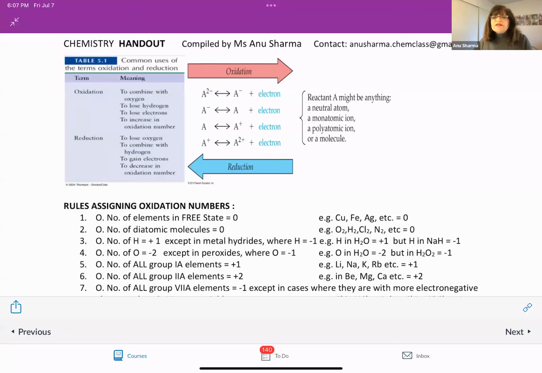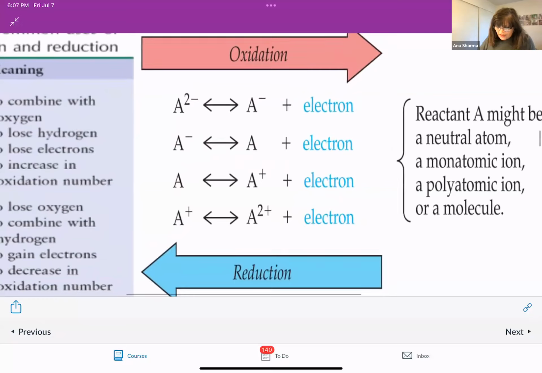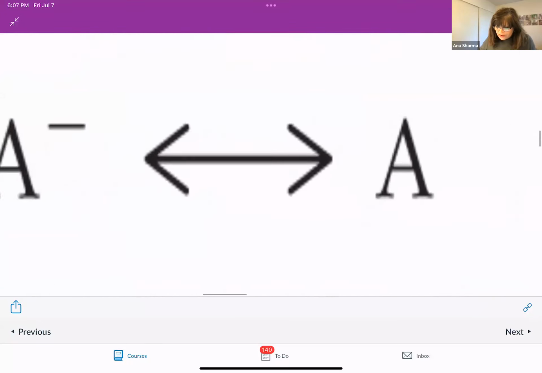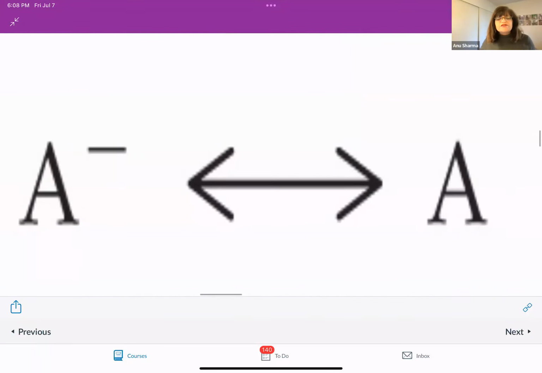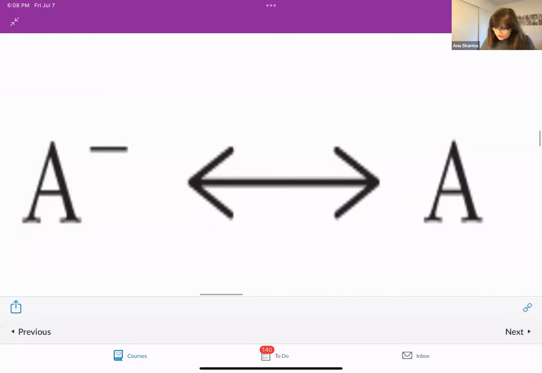Decrease in the positive charges is reduction, or in other words, increase in the negative charges is reduction. Going from 0 to a negative charge is reduction, but moving from a negative charge to a neutral state, the 0 state, is oxidation.